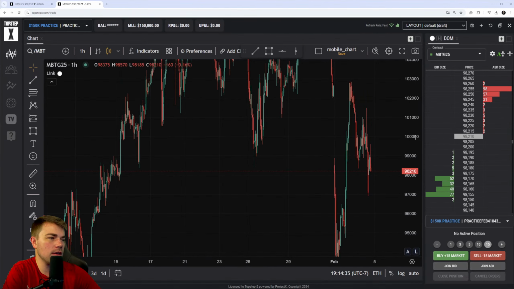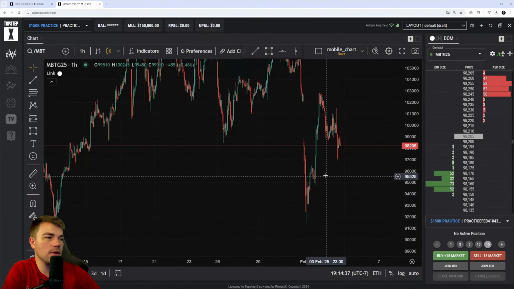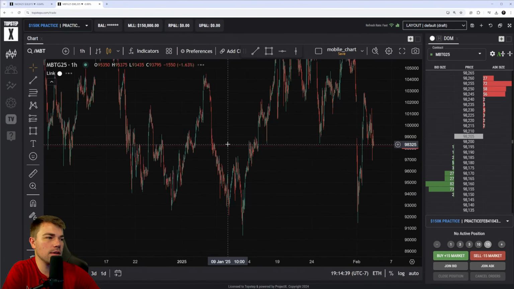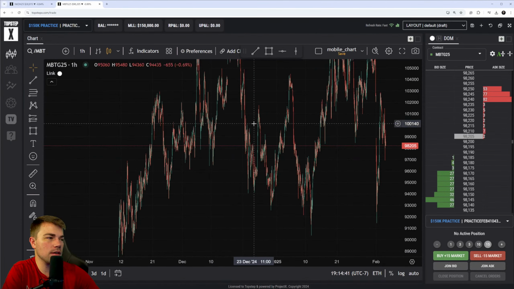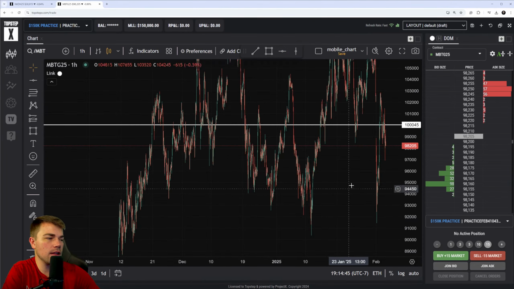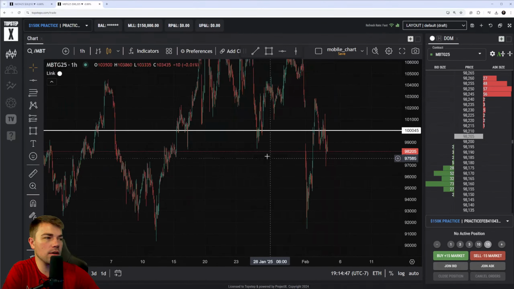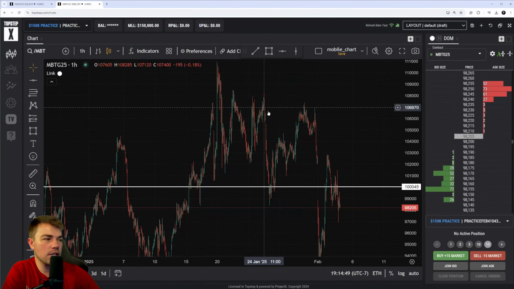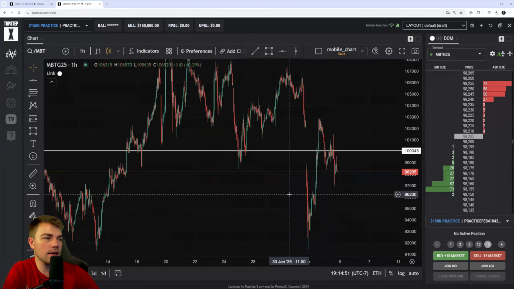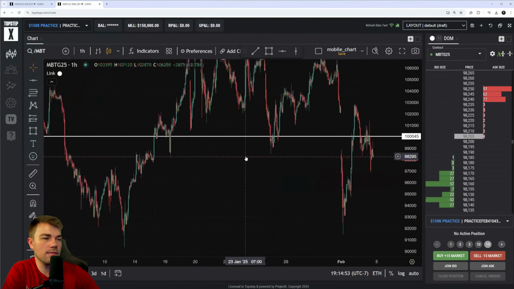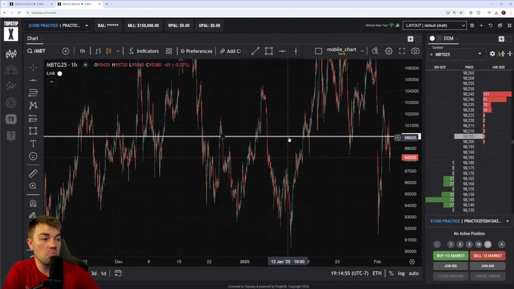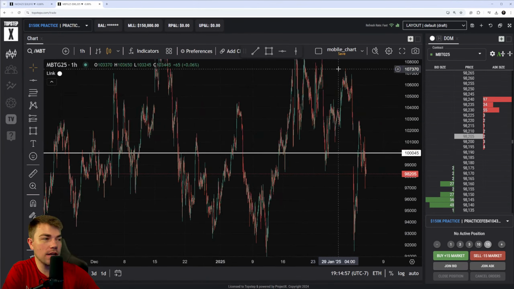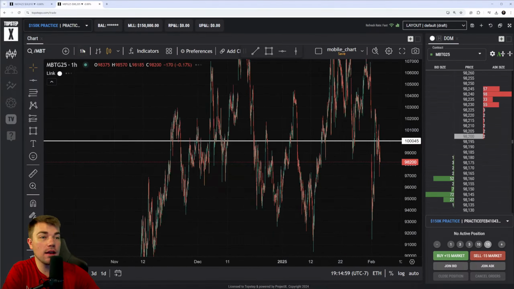What's Bitcoin doing? Back and forth through 100,000. I think we're going to be here for a while. I say it every single night, and every time I pull it up, we are either just above 100,000 or below. If anyone buys when we're below it and sells when we're above it, they've probably made a lot of great money.